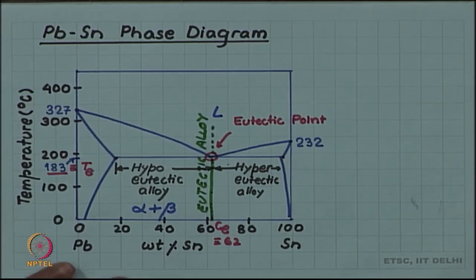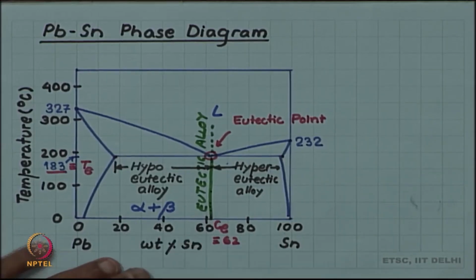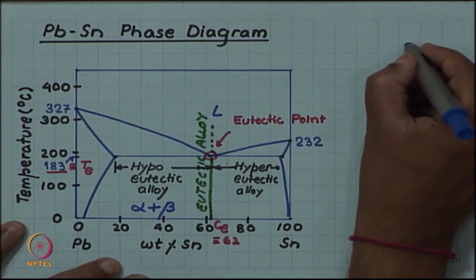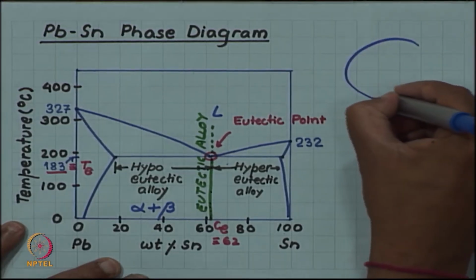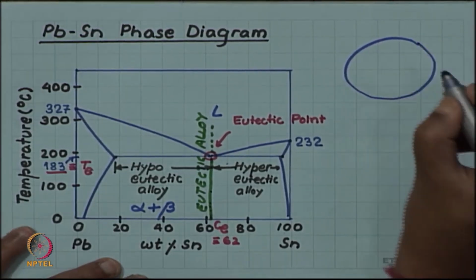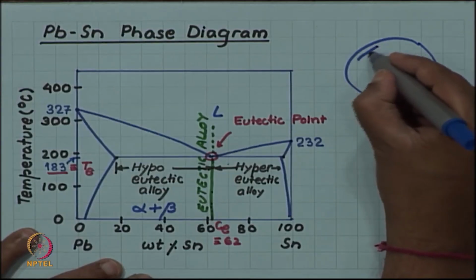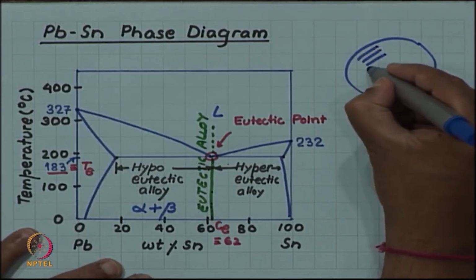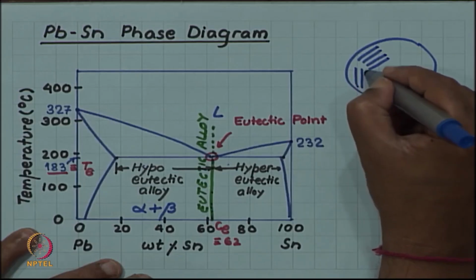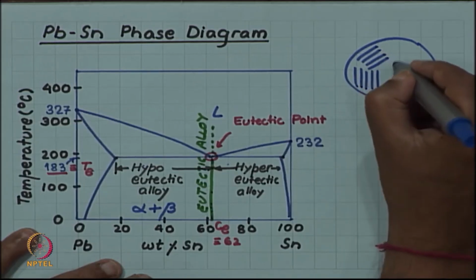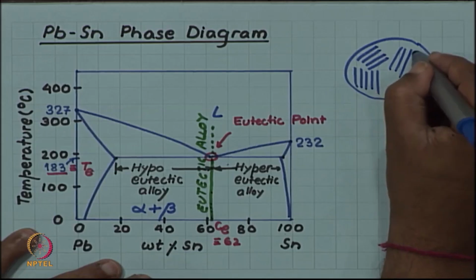So, liquid solidifies directly into two phases alpha and beta, and we saw yesterday that the eutectic alloy gave a microstructure which was alternating plates of alpha and beta oriented differently in different regions of the microstructure.